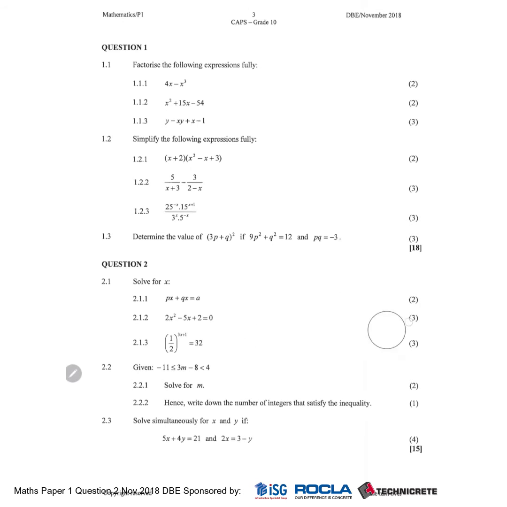Now moving on to the next one, 2.1.3. Half to the power of 3x minus 1, plus 1 is equal to 32. I would try and get these to similar bases.